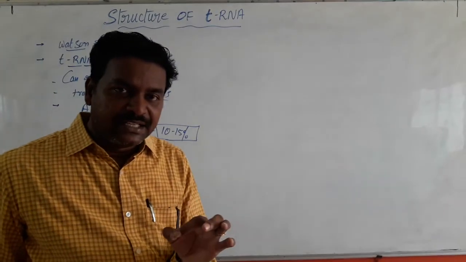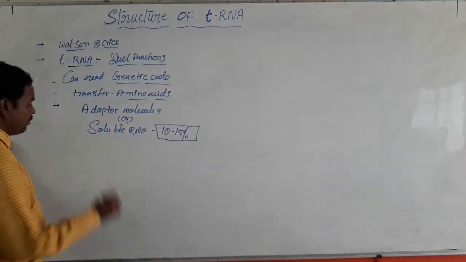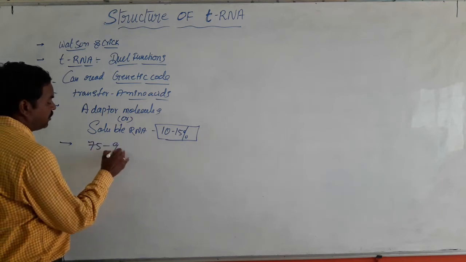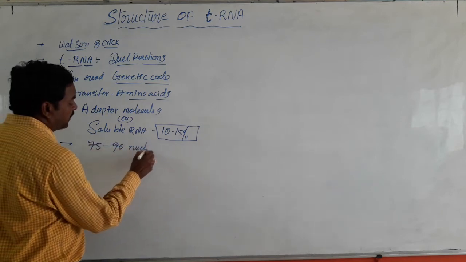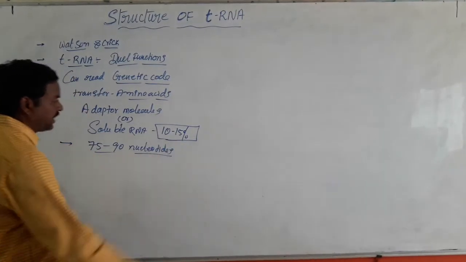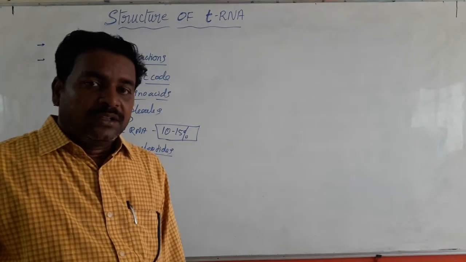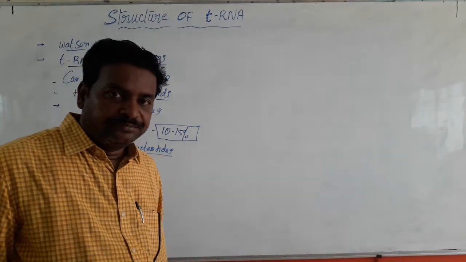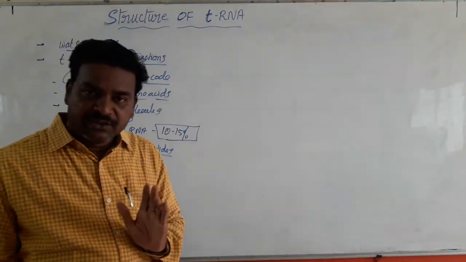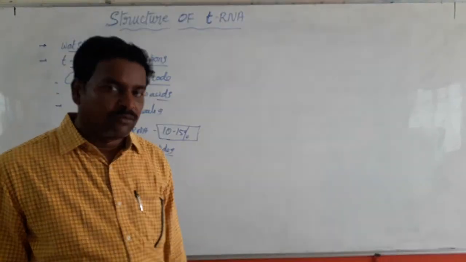Similarly, tRNA is represented by a very limited number of nucleotides. What about the number of nucleotides? 75 to 90 nucleotides are present in tRNA. So it is called the adapter molecule. It plays a very significant role in the transportation of amino acids from the cytosol to the region of ribosomes during protein synthesis on one hand.